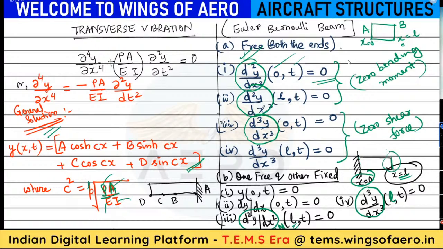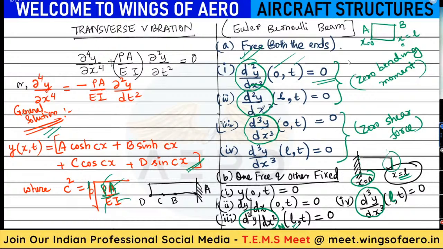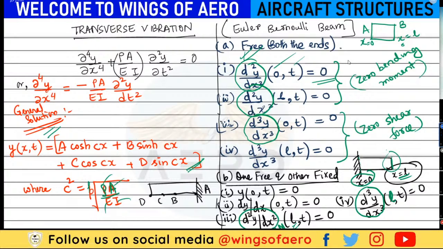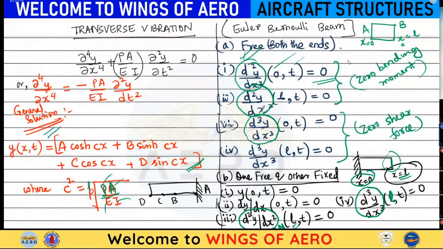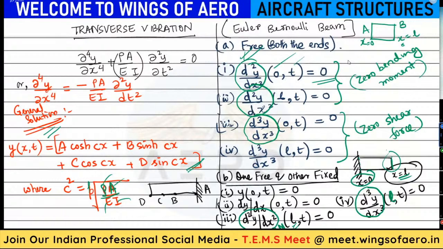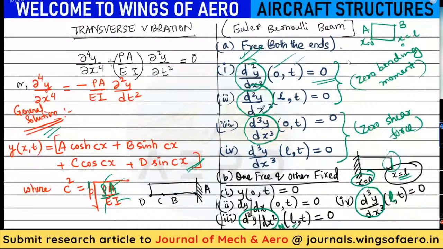Here displacement we are referring in terms of x. Y is a function of x and t. Could you follow that? Okay, ma'am. So y is a function of x and t, and when we are referring in terms of deflection, slope, bending moment, and shear force, their degrees are just getting higher one after the other.